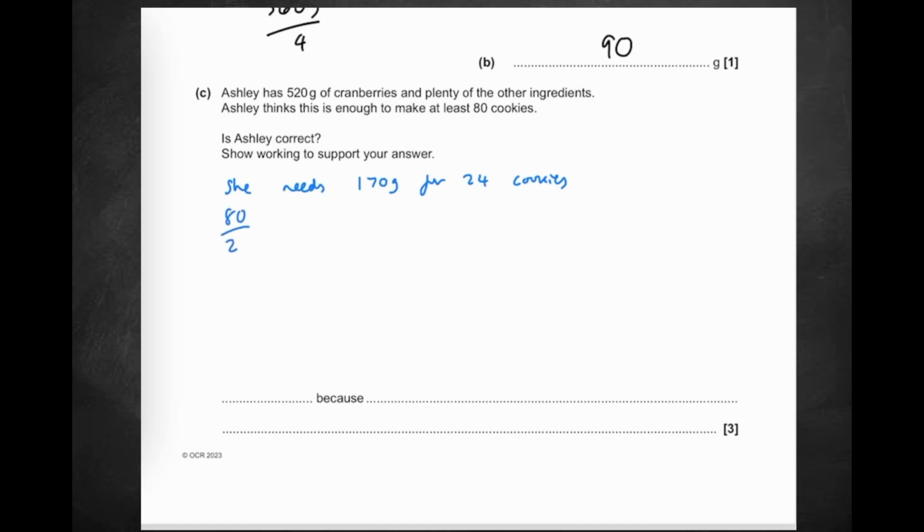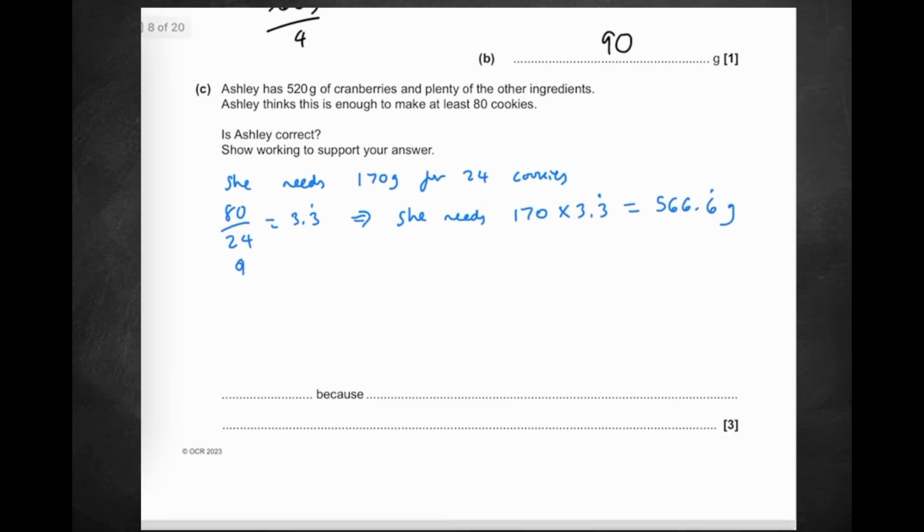80 divided by 24 on my calculator is 3.3 recurring. Therefore, she needs 170 times 3.3 recurring, which is 566.6 recurring grams of cranberries for 80 cookies.